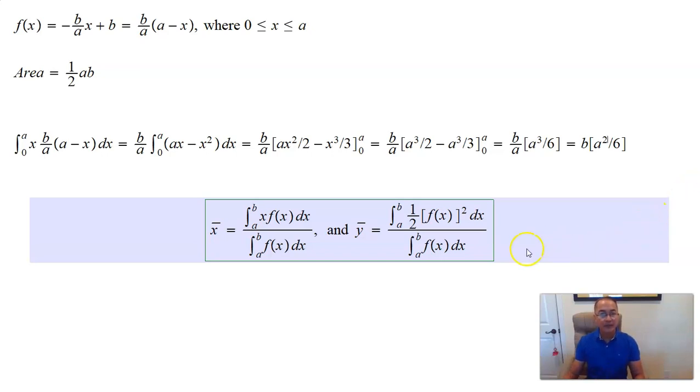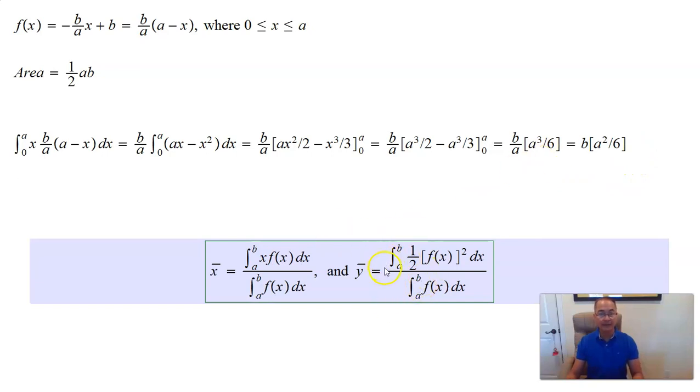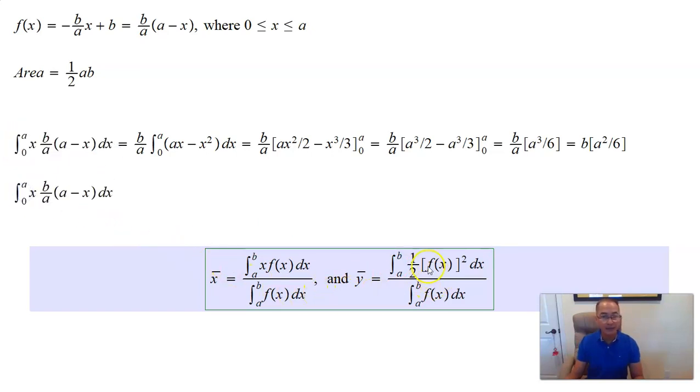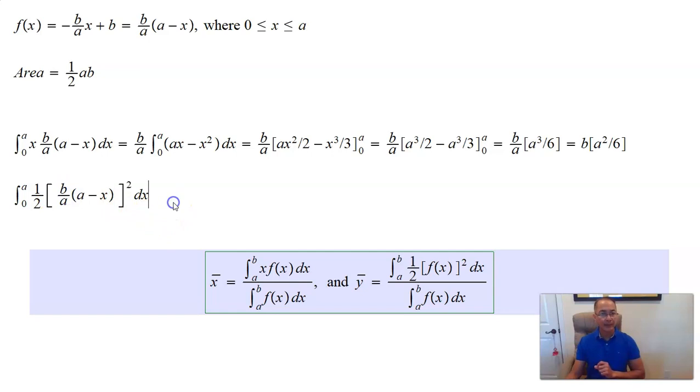Okay, so similarly, let's get the numerator for the second integral. I need a copy of this because we already have the correct limits there. And this time we want 1/2 f of x squared. Okay, so we'll put that there, 0 to a. Our f of x is this, and we're going to square it. So this time you're going to get b squared over a squared, and there's a 2 in the denominator.